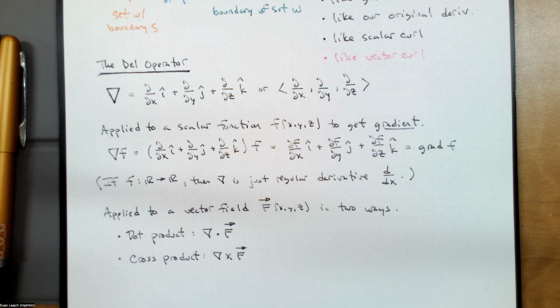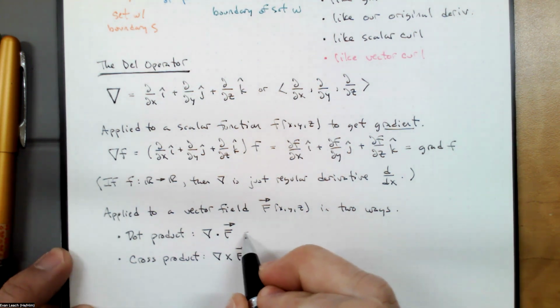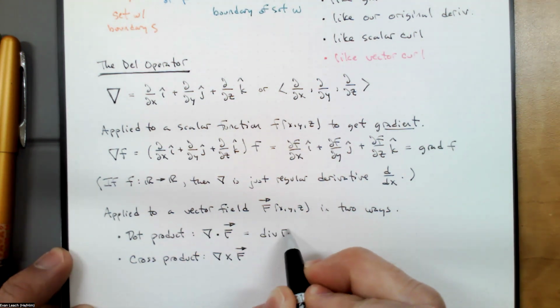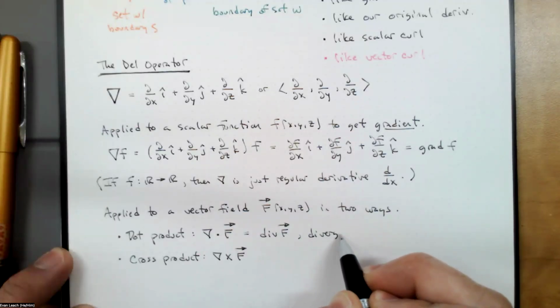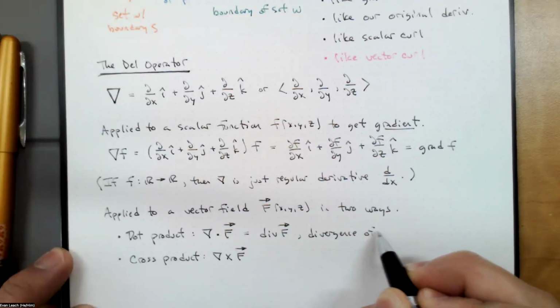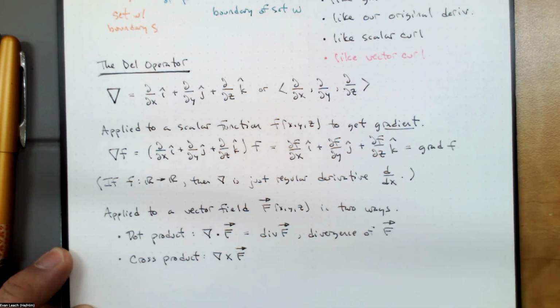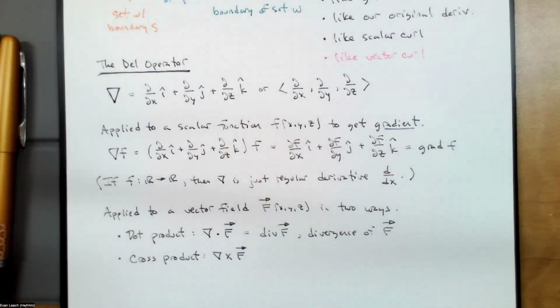The dot product, del dot F, is going to be the divergence of the vector field. The cross product, del cross F, is going to be the curl of the vector field, which we haven't really talked about. We talked about the scalar curl. This is the three-dimensional version of that.